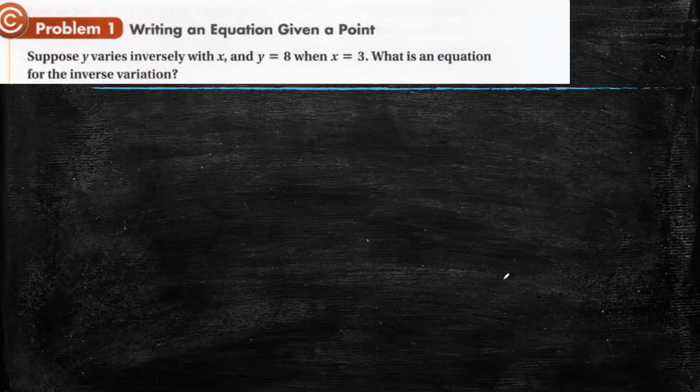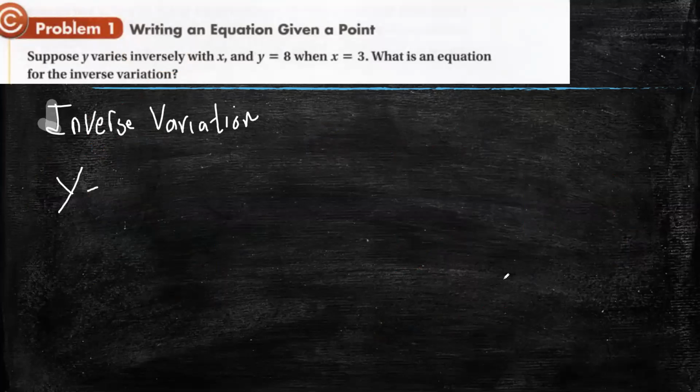So I'm talking about inverse variation. The equation for the inverse variation is y equals k over x. So to write it, you need k. To write the inverse variation, what do you need to find? You need to find k.